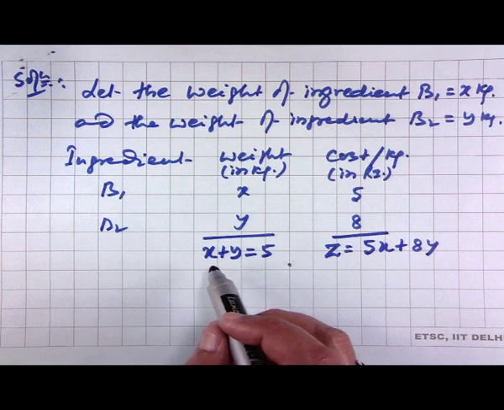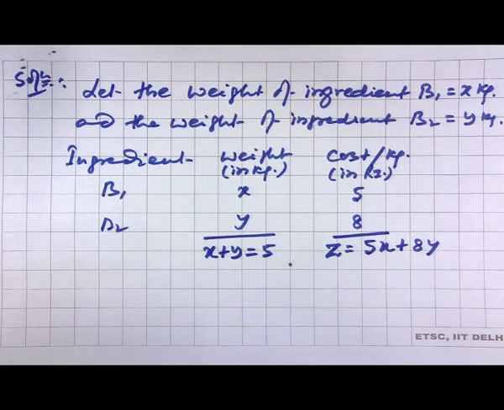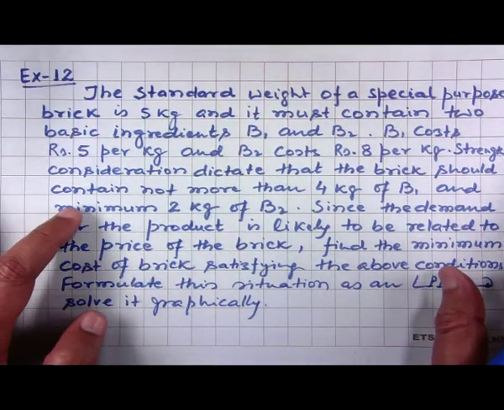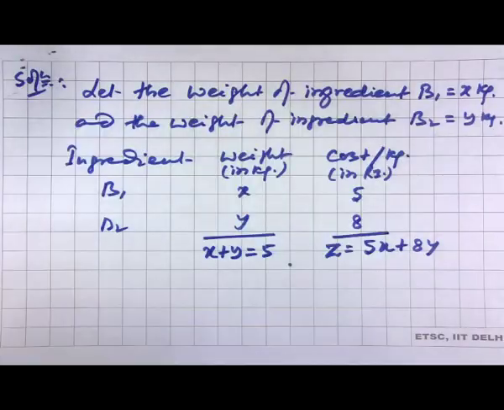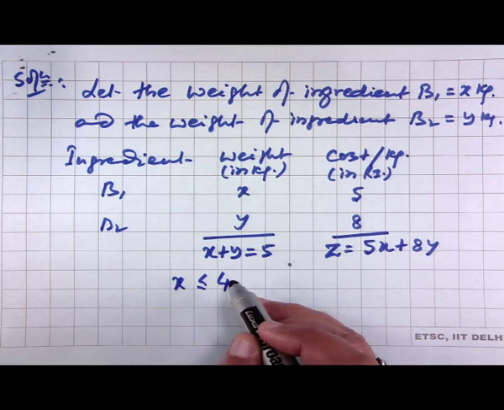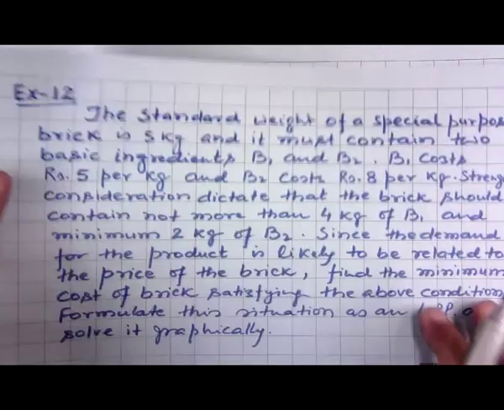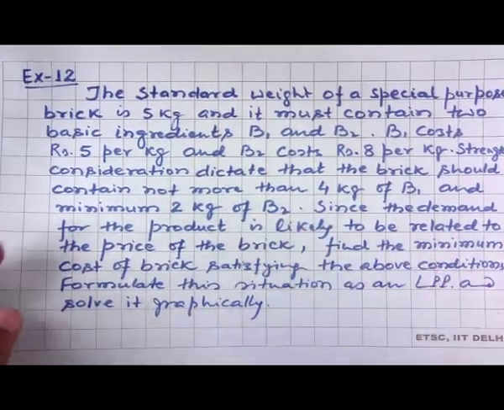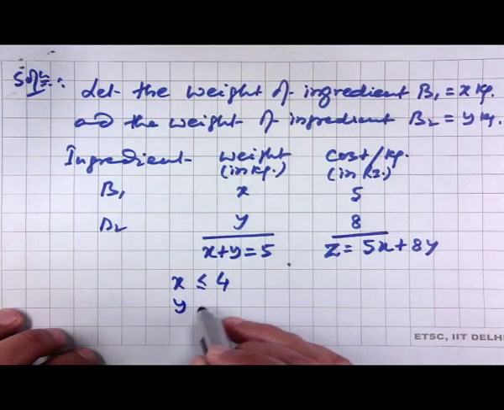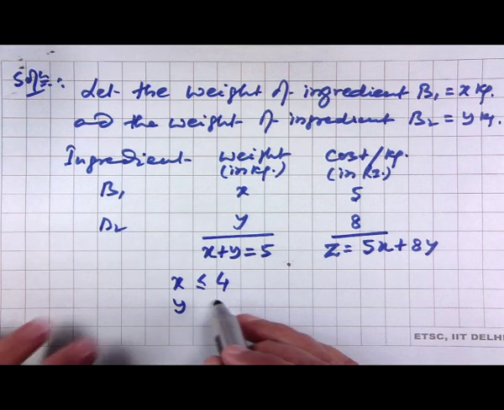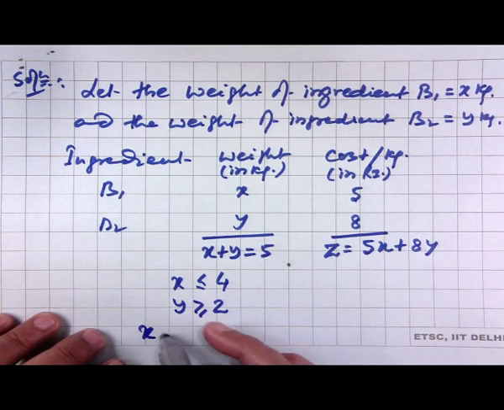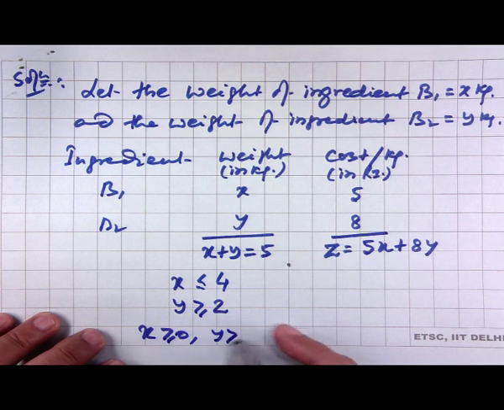And conditions on x: the strength considerations dictate that the brick should contain not more than 4 kg of B1, so the condition on x is x less than or equal to 4, and minimum 2 kg of B2, so y is greater than or equal to 2. And obviously x greater than or equal to 0, y greater than or equal to 0.